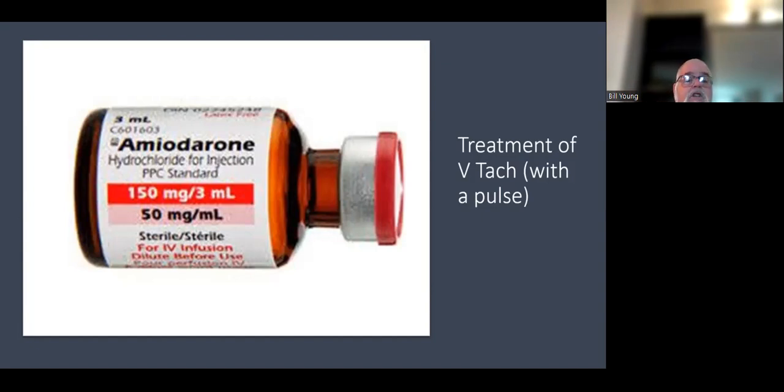The simplest way to do that is to pull up 150 milligrams of amiodarone, inject it into an IV bag of normal saline, 100 milliliters, and then do the calculation to set up your pump to flow that in over 10 minutes.